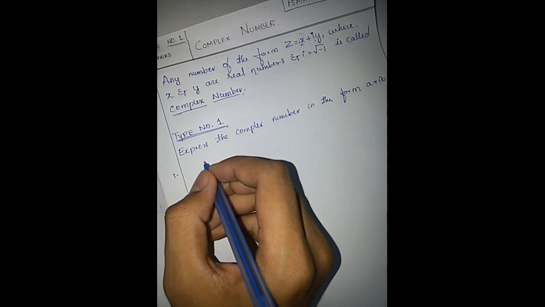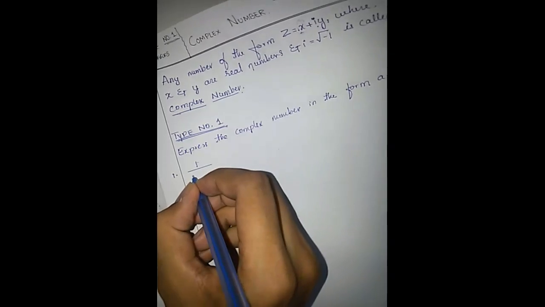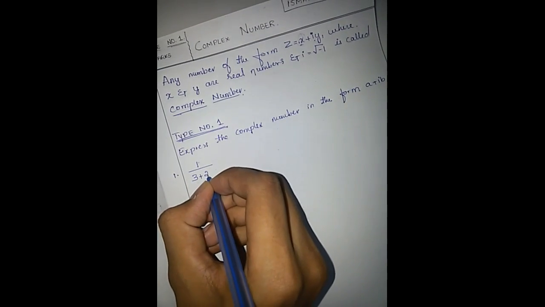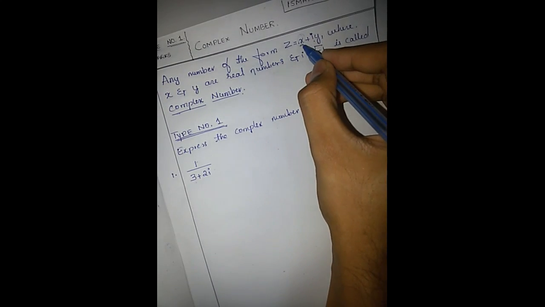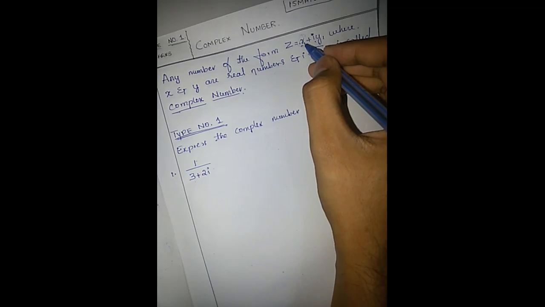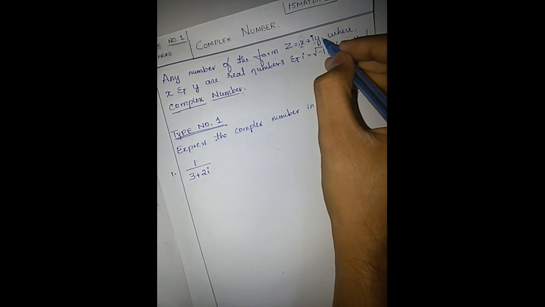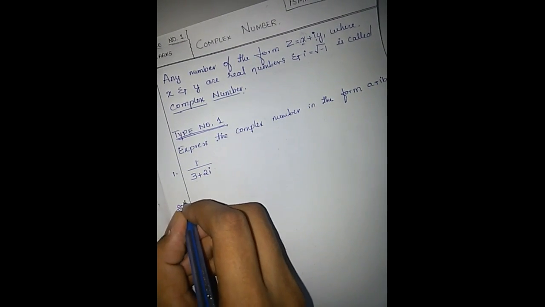So let us take one example: 1 by 3 plus 2i. We have to express this in the form x plus i into y. So let us write the solution.